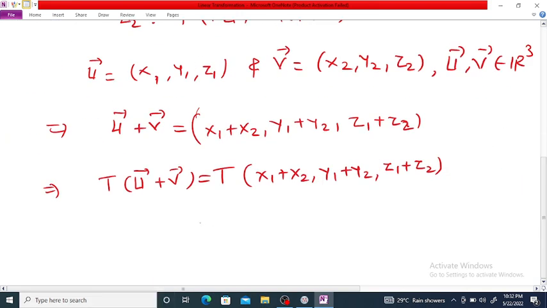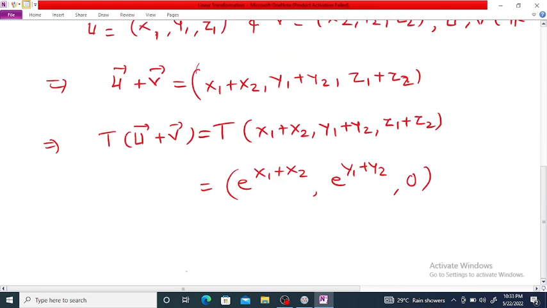So this becomes e raised to x1 plus x2, e raised to y1 plus y2, and 0. If you simplify, this is e raised to x1 into e raised to x2, e raised to y1 into e raised to y2, 0.